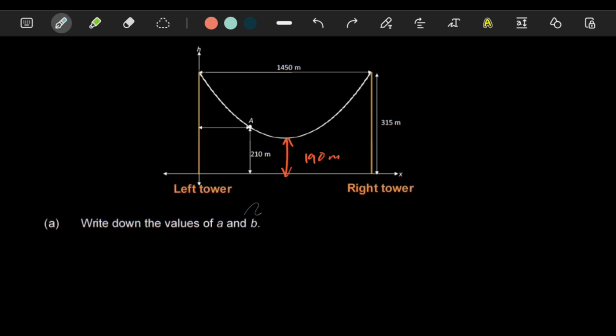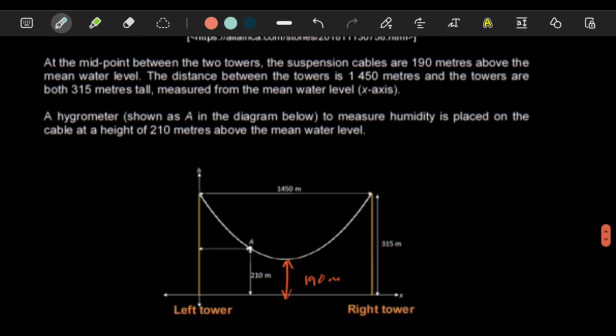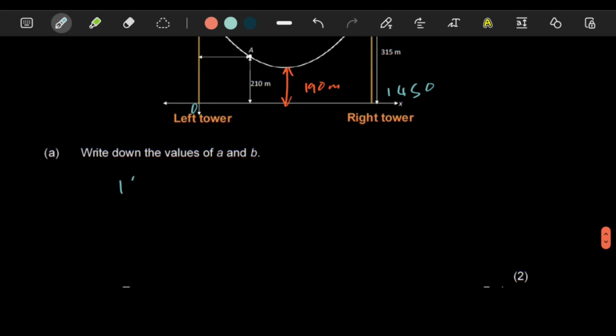It says write down the values of A and B. A and B, remember, is the turning point: the x value of the turning point, the y value of the turning point. The x value of the turning point is in between. Because this is going to be 0, this is going to be 1450. In the middle is the x value. So 1450 divided by 2, what does that give us? 725.